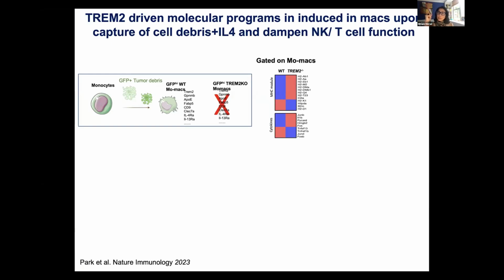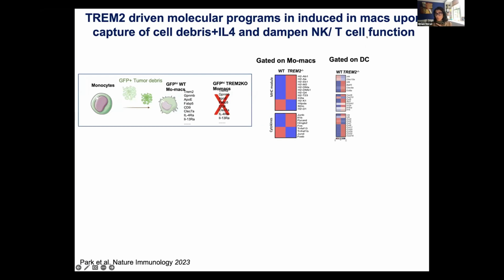In addition, we were able to reprogram macrophages into an immunogenic cellular compartment. And not only were macrophages more immunogenic, the DCs in the vicinity of the tumor were too. This was done in vitro here. Now we go back in vivo, we knock down TREM2, and then we look at the macrophages.